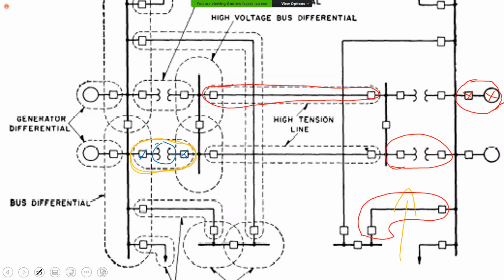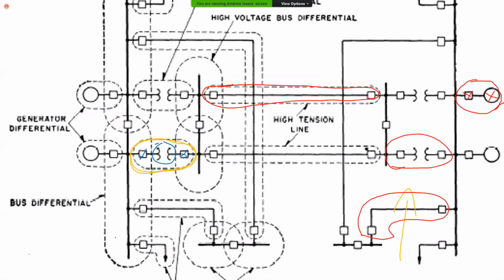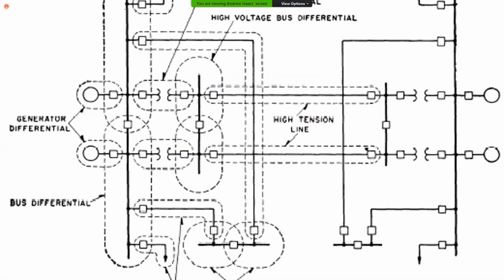So the term graded systems, what it is saying is that, let us say a fault occurs on this bus bar. All right, so the fault is on this bus bar.